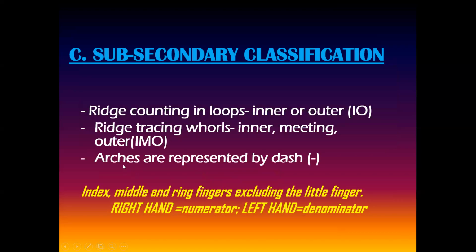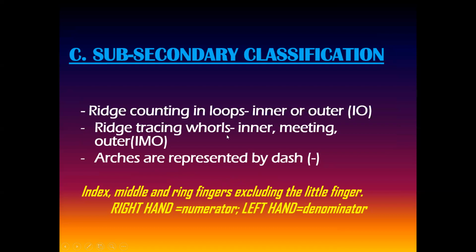And then we have the subsecondary classification. So remember a while back, I have made mention that you have to indicate the ridge counts and the ridge tracings on the upper right corner of the block or of the box intended for the fingerprint. So we need to conduct the ridge counting for loops, and then of course ridge tracing for whirs.